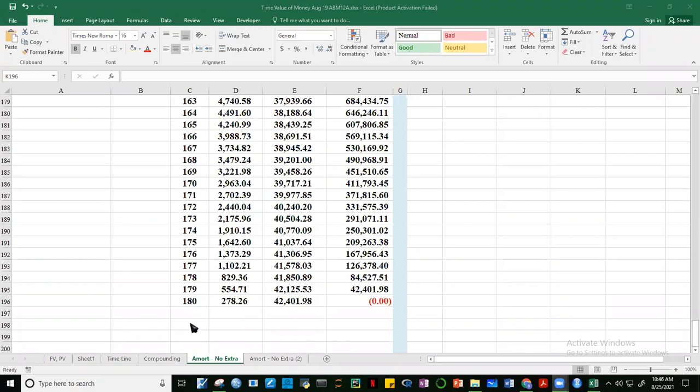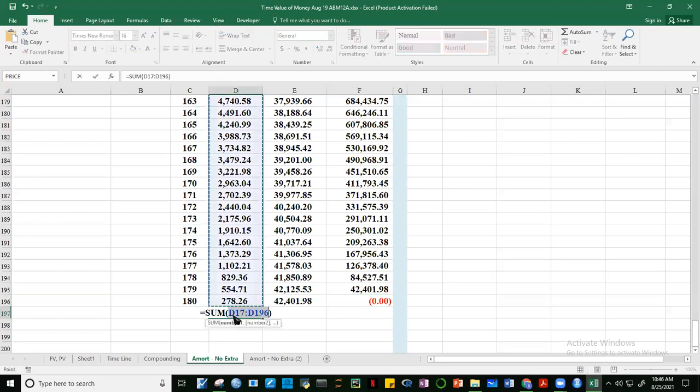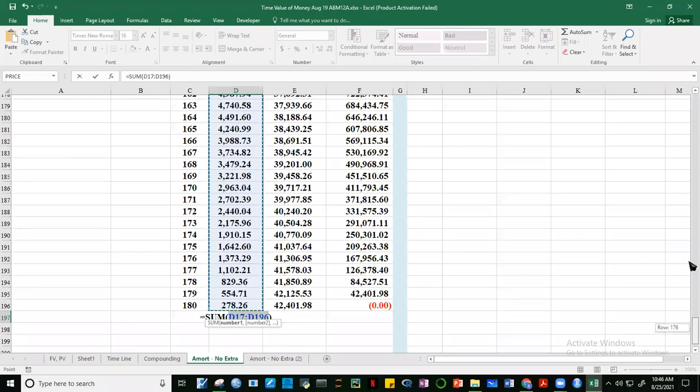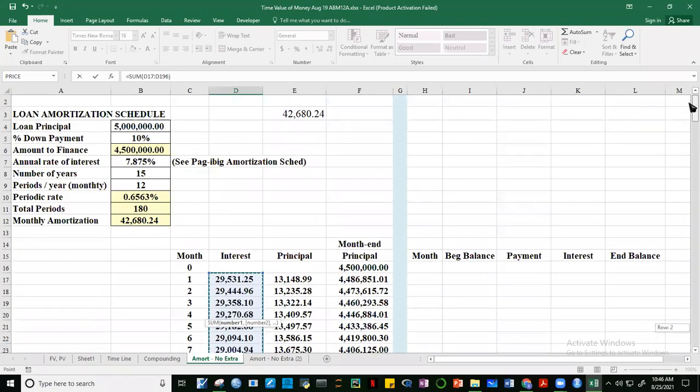So, ito, guys, yung amortization table natin. Notice that at the end, 0 dapat 'to. Ibig sabihin, wala na tayong principal, wala na tayong utang, so wala na tayong babayaran. Magkano yung interest na binayaran natin?